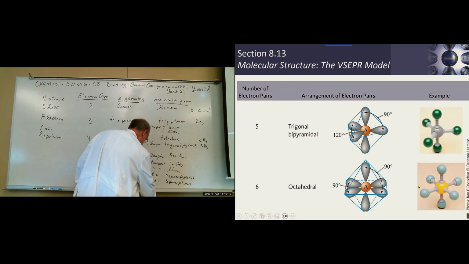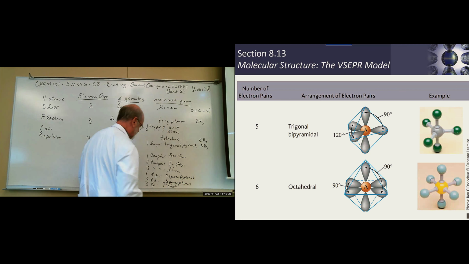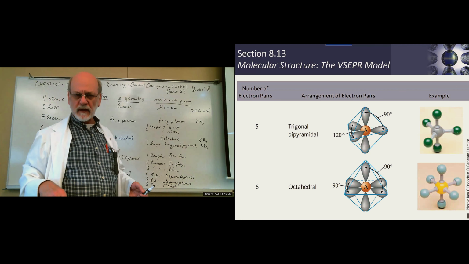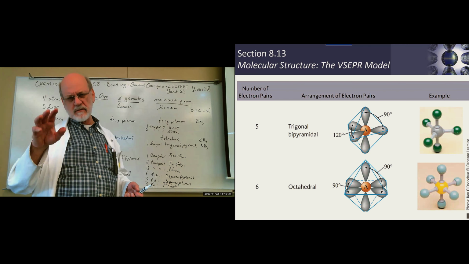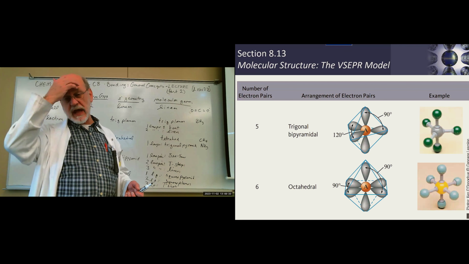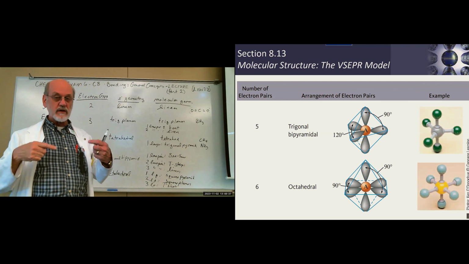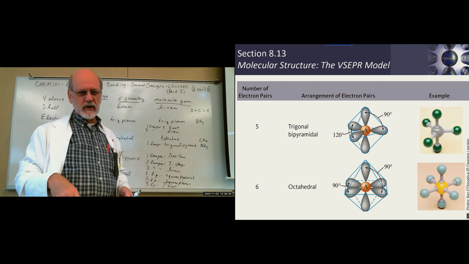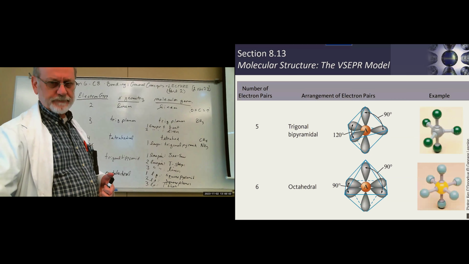Right, so three lone pairs is T-shape. Four lone pairs. Let's see, 1, 2. Actually, when you get to four lone pairs, I think they occupy the square and you have a linear molecule. Don't hold me to that. We need to see an example to prove it, though.